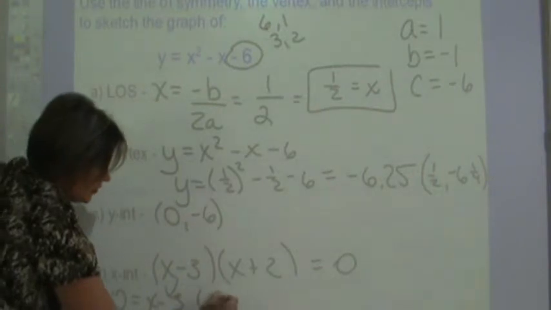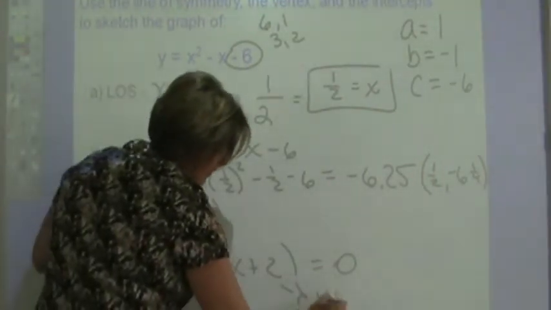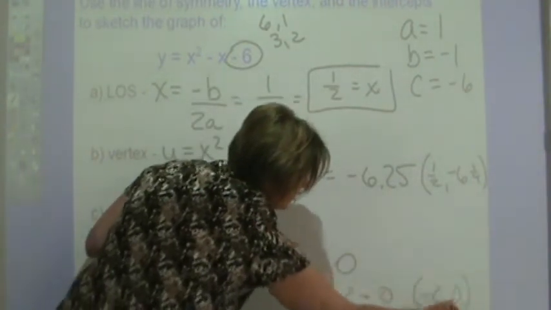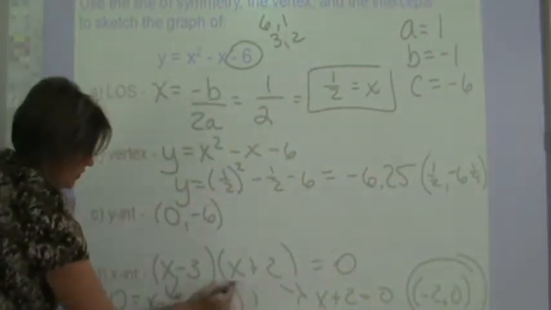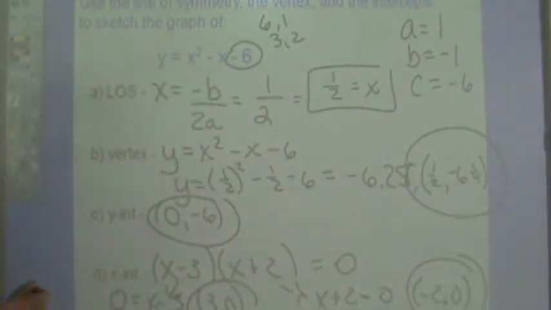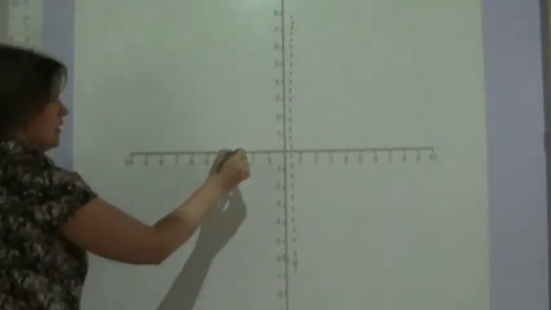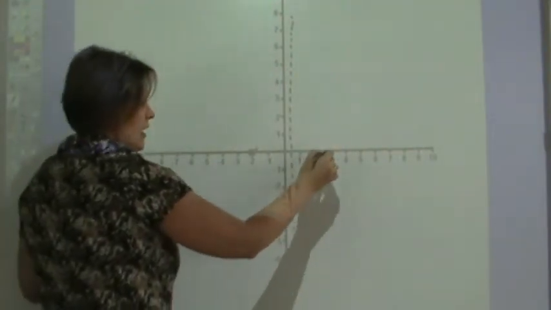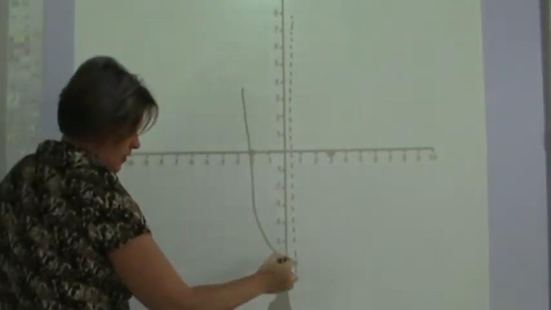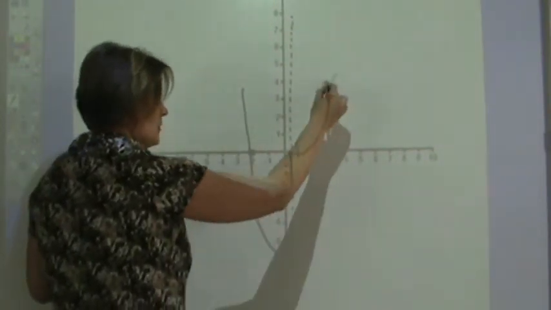So we have 3, 0, and negative 2, 0. We got all of them. So negative 2, 0, and 3, 0, here and here. So it comes down, goes to my vertex, and then it goes back up through those points.